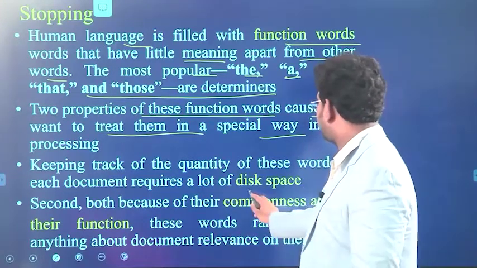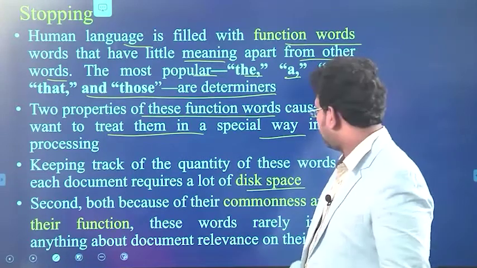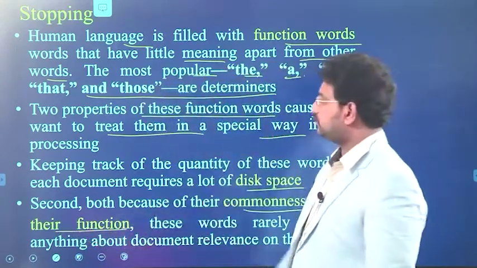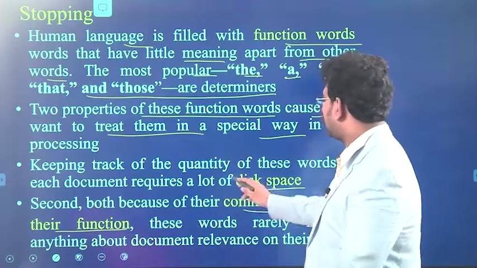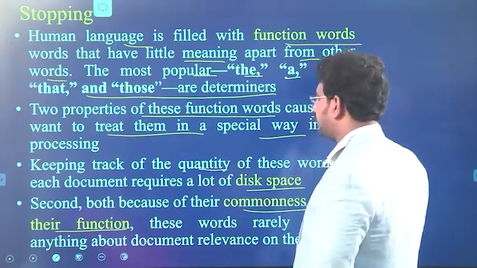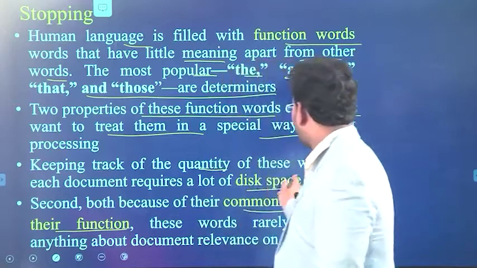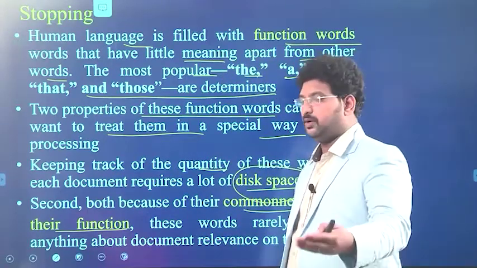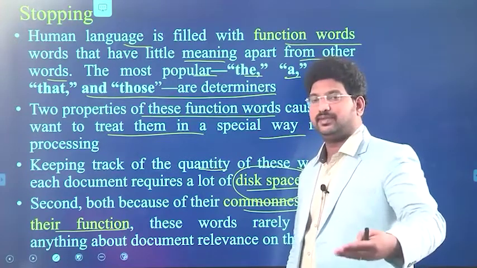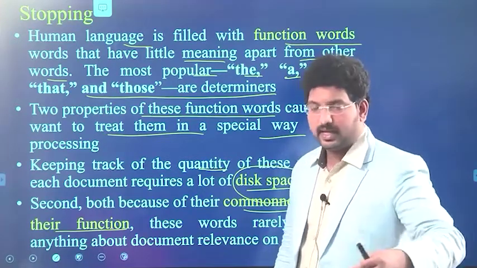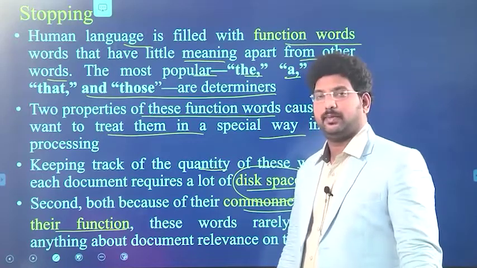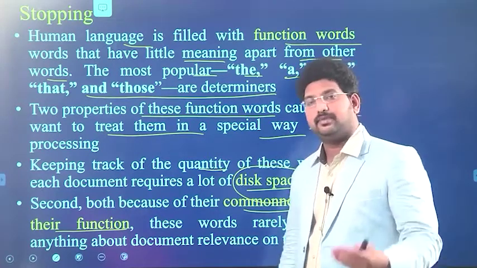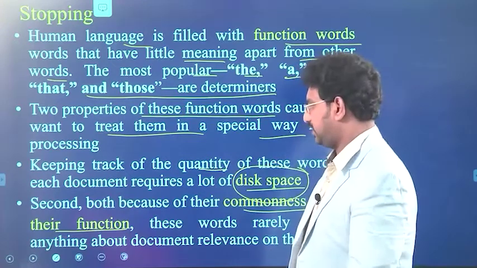The first one is disk space, and the second one is commonness and their function. Keeping track of the quantity of these words in each document requires a lot of disk space. Words like the occur most frequently in any document, so if you repeatedly consider them, they will occupy more disk space.